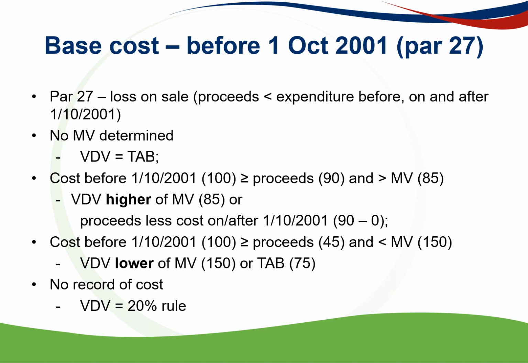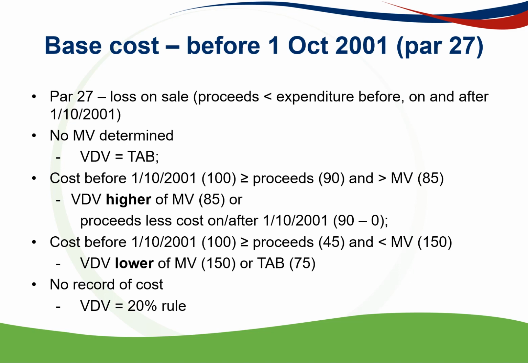The third instance is where the cost before 1 October 2001 is 100, is greater than or equal to the proceeds, and that's only 45, so you see there's another loss situation, and it's smaller than the market value. So the cost before 1 October 2001 is smaller than the market value of 150, then the valuation date value will be the lower of the market value of 150 or the time apportionment base cost.